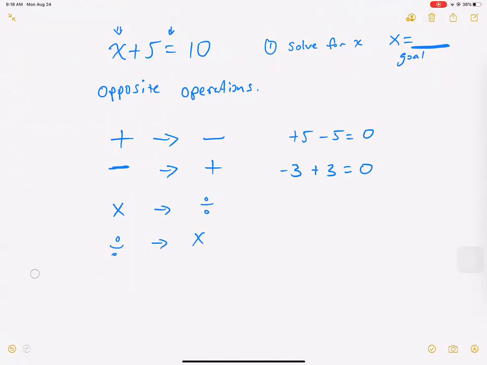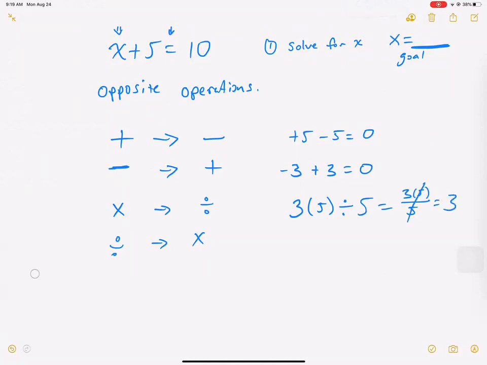So if I started with 3 and I multiply this by 5, doesn't that make 15? The opposite of this operation is divide by 5. Let me rewrite it in a different way. The 5's divide out, and we're left with our original 3.